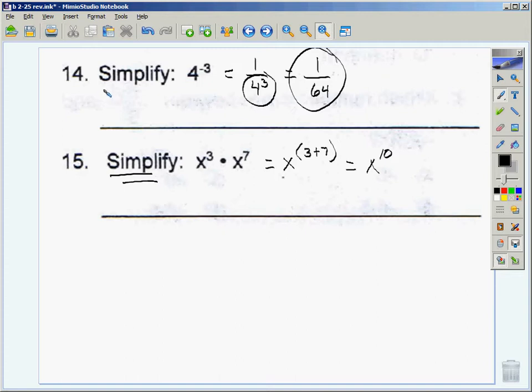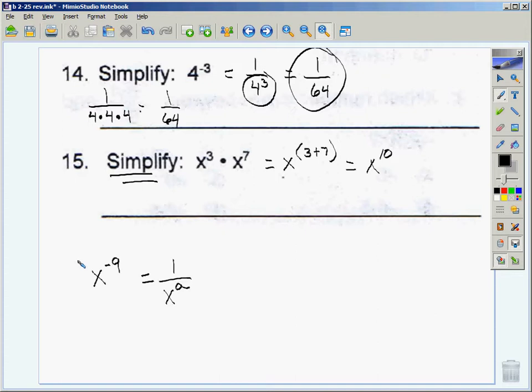That's correct. And it becomes 4 to the positive third power when I flip it in the denominator, which is 1 over 4 times 4 times 4, which is 1 over 64. Okay? This applies this rule. It says if I have a base raised to a negative exponent, I can rewrite it as a positive exponent by changing its location.